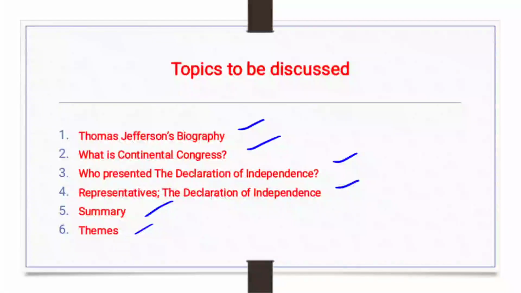And the last question which we will deal with, that is themes. So overall, you can also write what could be the themes of this document. The first theme which I want to discuss is natural rights.